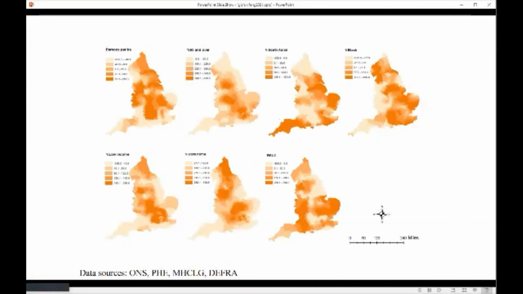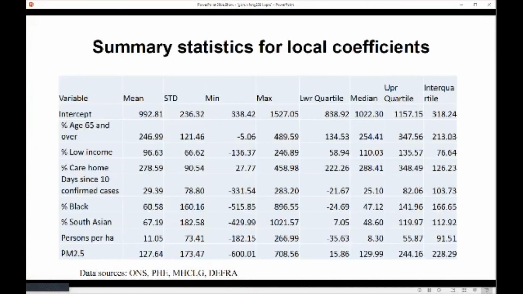We can see the local coefficients also vary for all 7 factors. Here is a summary statistic for local coefficients. You can compare the interquartile range with 2 times the standard error from the global model, and it shows there is a significant variation for local coefficients.